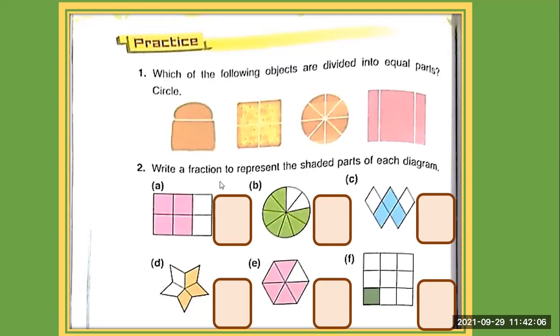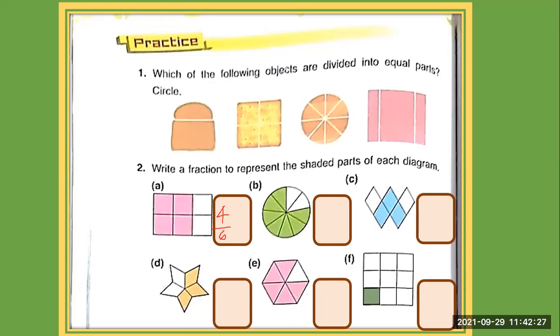Here, write a fraction to represent the shaded parts of each diagram. Here, 1, 2, 3, 4, 5, 6. There are 6 equal parts, and 4 parts are shaded. So we write this way as 4/6.